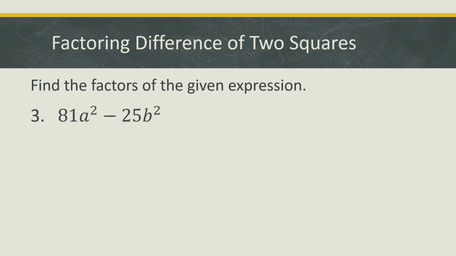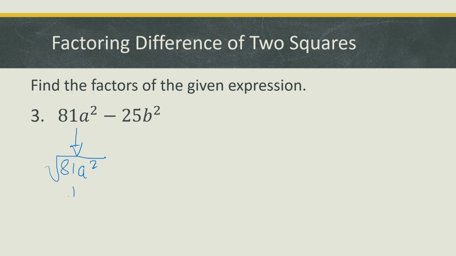Example 3. There are also times that our second term has its own variable. 81a squared minus 25b squared. 81a squared is a perfect square. So 81a squared, get its square root.